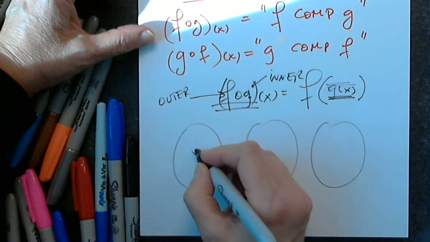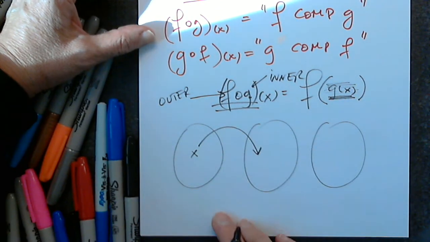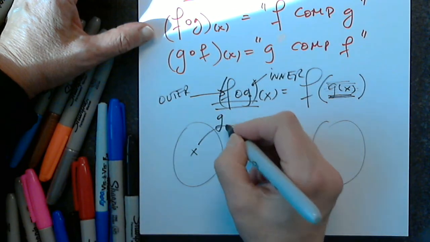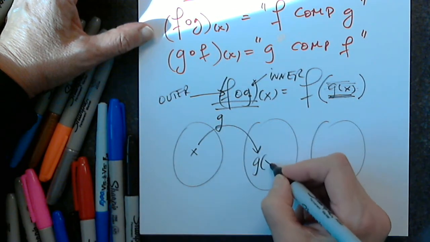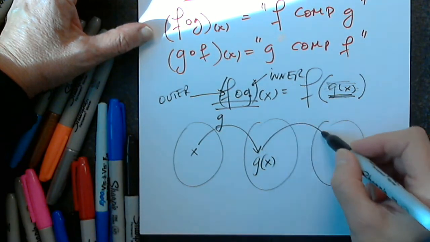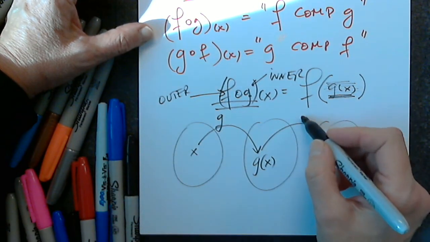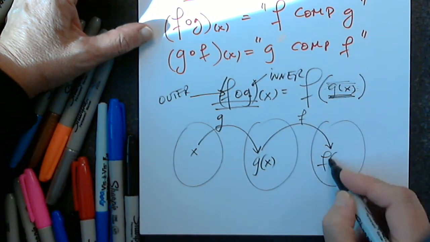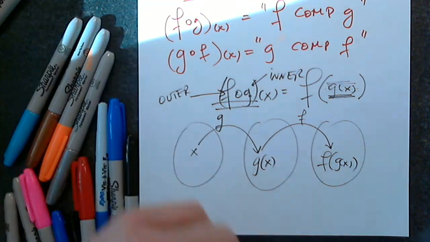So x, again, which is the first function, go, very good. So I get g of x. And then to g of x, I apply which function to get this? F of g of x, indeed.